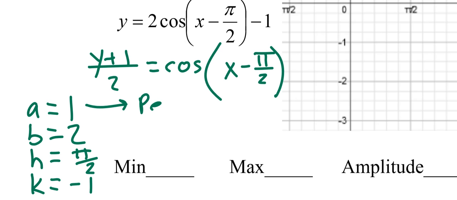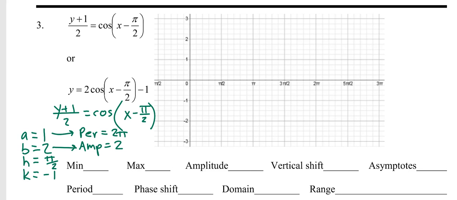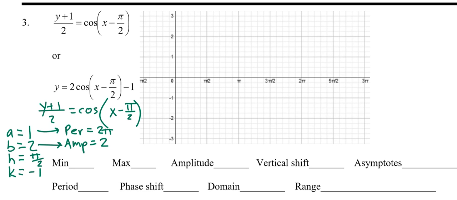What's the period of the function? 2 pi, right? Because the stretch has not occurred. Amplitude. 2. Graph it. Make sure you get your center line first and your HK next.